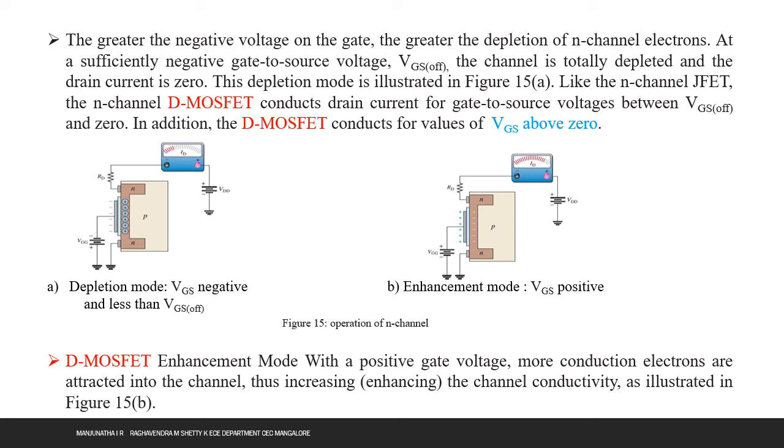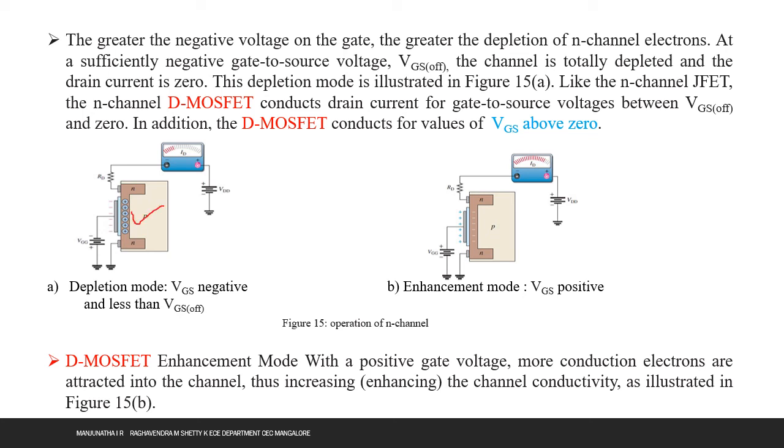What we are going to enhance and what we are going to deplete is very important. Enhancement and depletion act on the channel that already exists at the silicon dioxide layer at the gate side.